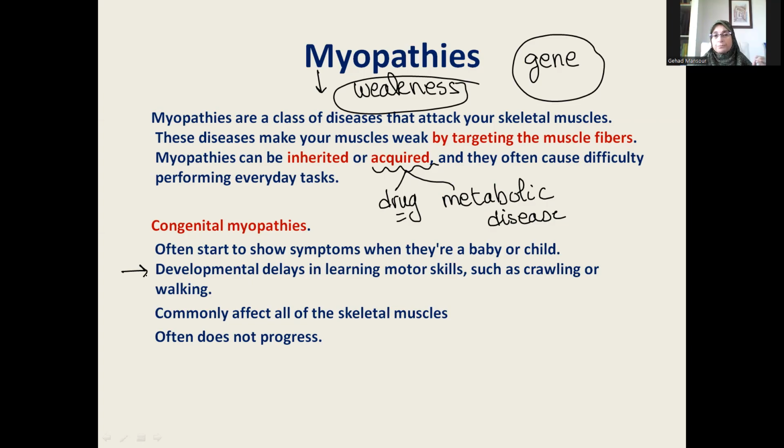And usually congenital myopathies affect all muscles, and therefore these children are risking their life because of, as we said before, weakness in the muscles of breathing. But usually it's not progressive, meaning that you are born with the maximum weakness that will affect you, and it will not increase more than this.